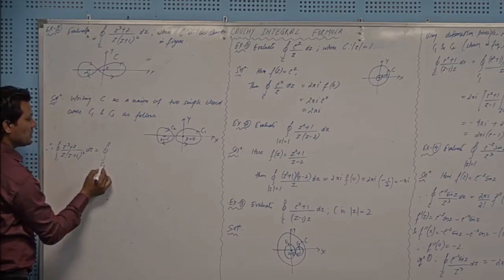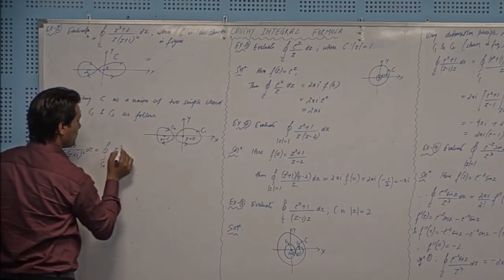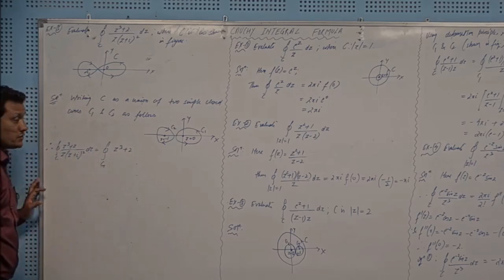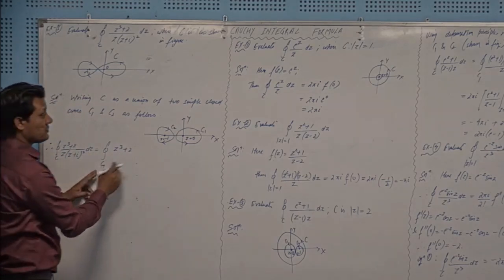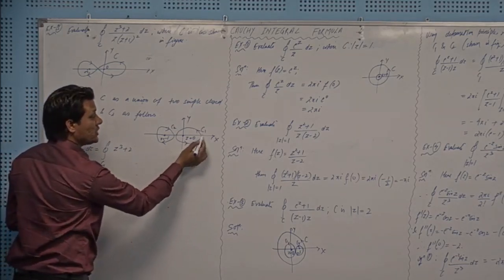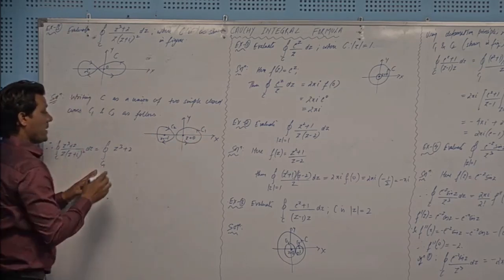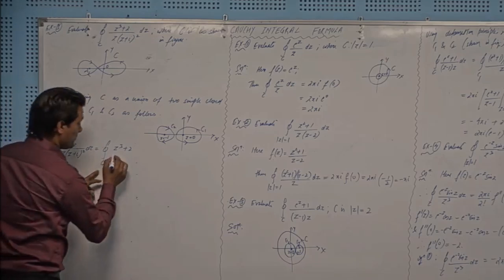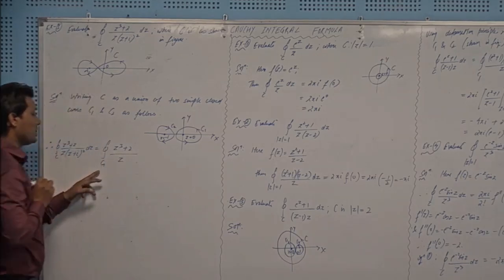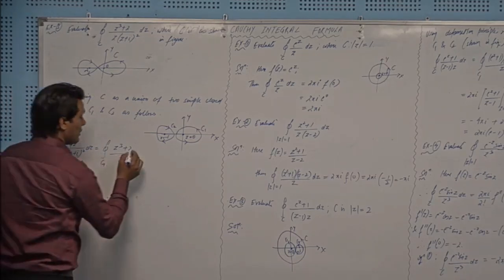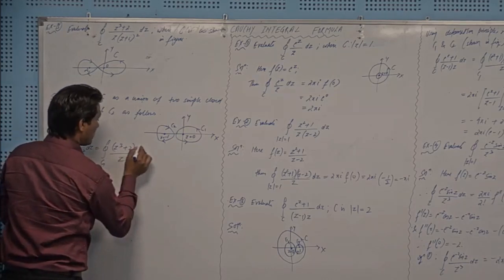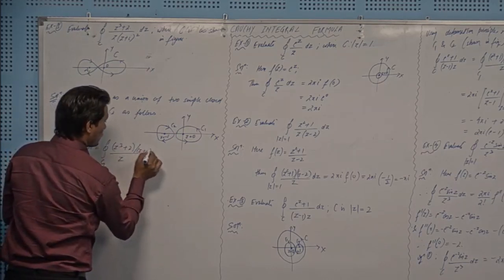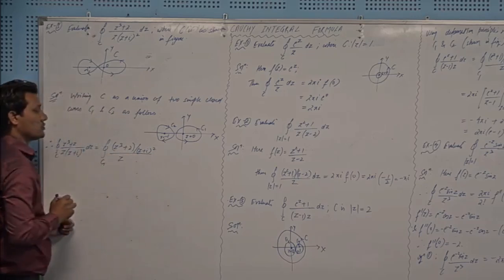Along curve C1, that will be z cube, and be careful at this point when you write C1 here, the first curve C1, and see the orientation, it is plus, and it is enclosing the singularity z equal to 0. So this z equal to 0 will remain here, and this z plus iota whole square will appear in the numerator with this z cube plus 2.